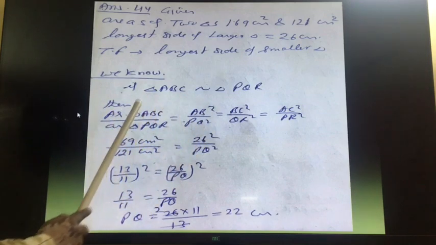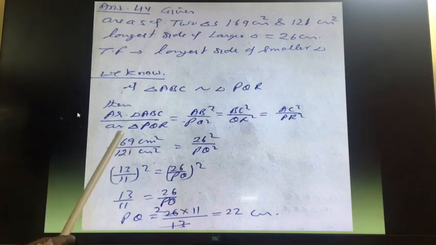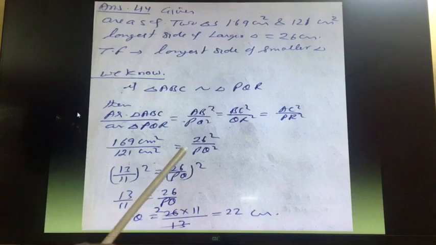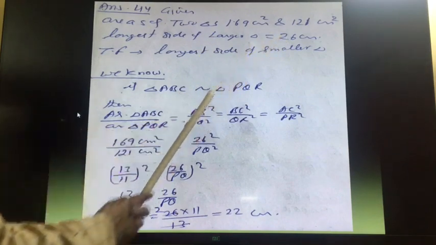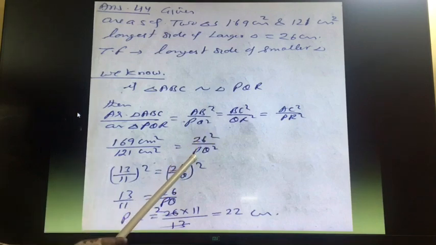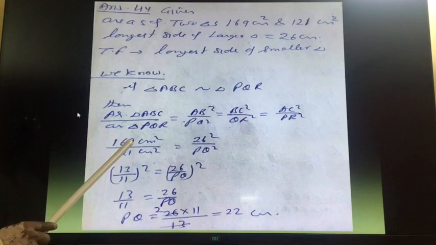So area of triangle ABC we can write 169 centimeter square upon area of PQR, 121 centimeter square, and here the longest side of the first triangle is 26 square upon PQ square. This we will find out. 169 is the square of 13, 121 is the square of 11.